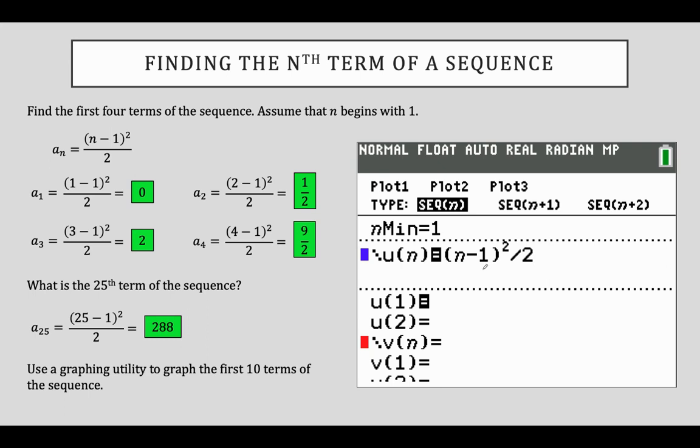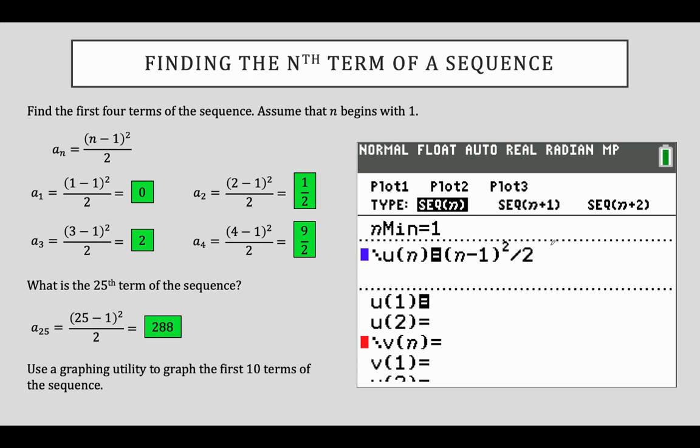You don't actually have to type in n. You just use the variable button x, and an n will automatically pop up. Parentheses, n minus 1 squared divided by 2. Again, you don't have to use the letter. Just hit your variable button x, which you are used to using when you plug functions into your calculator.